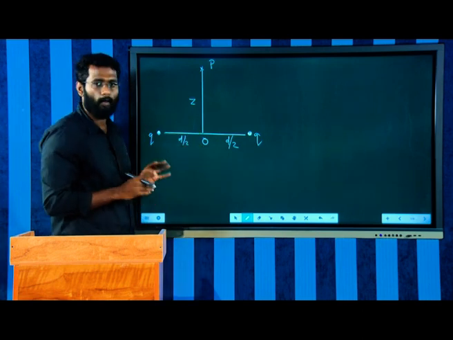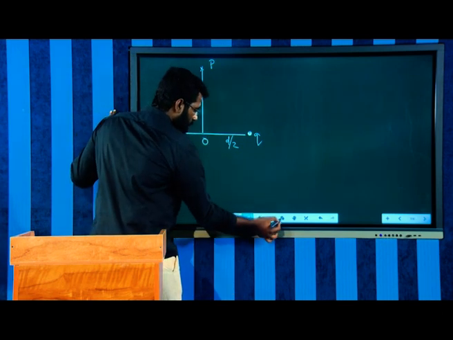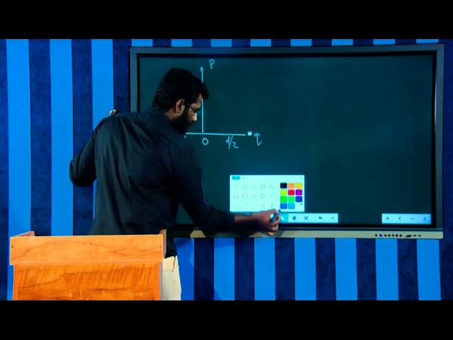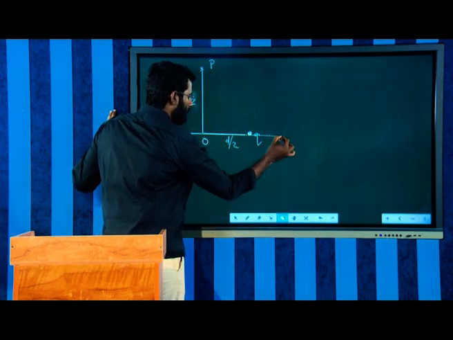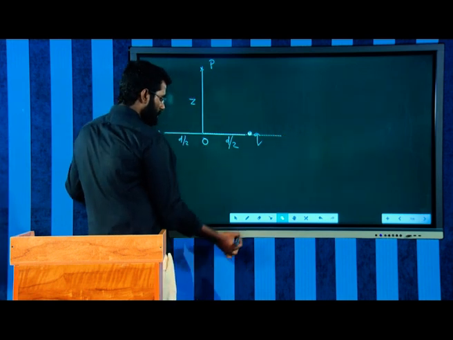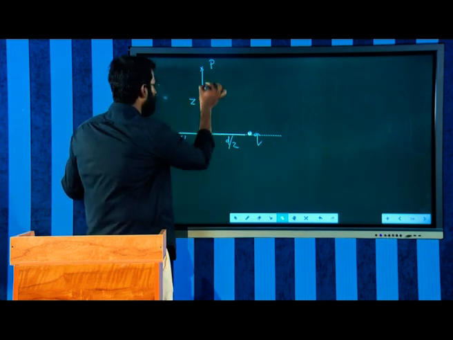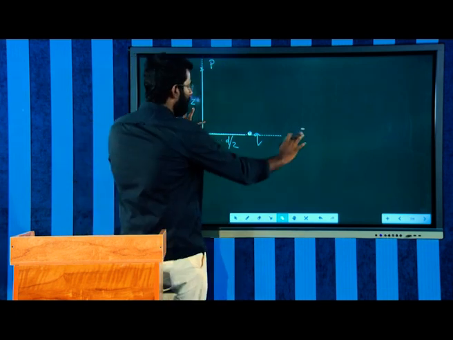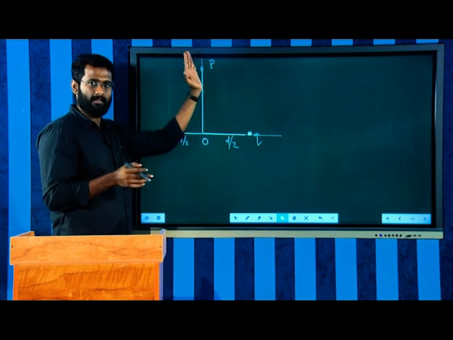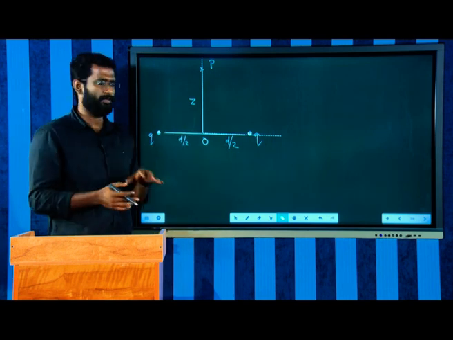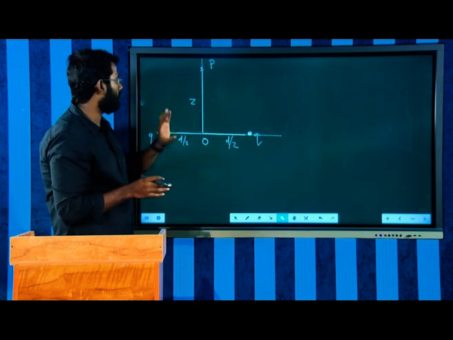That means we took the midpoint as the origin. Let this be the positive x direction, then this will be the negative x direction, and the upward direction, let it be the z direction. This dotted line shows our imaginary x axis and z axis, and obviously there is a y axis pointing towards you, but here we do not need it to calculate all this, so we are ignoring the y axis.